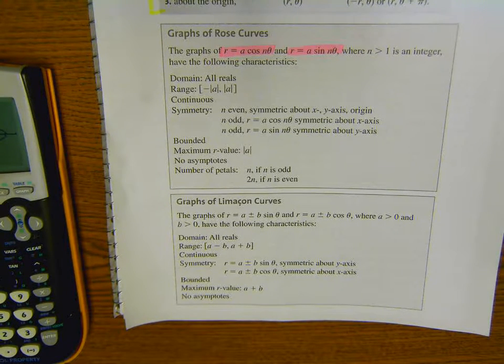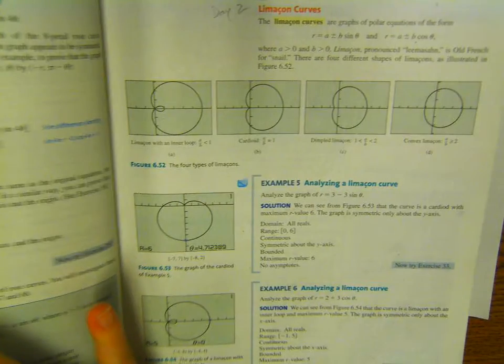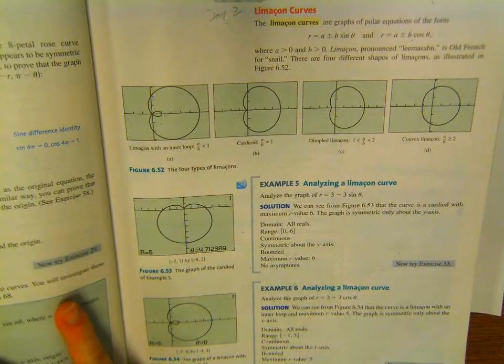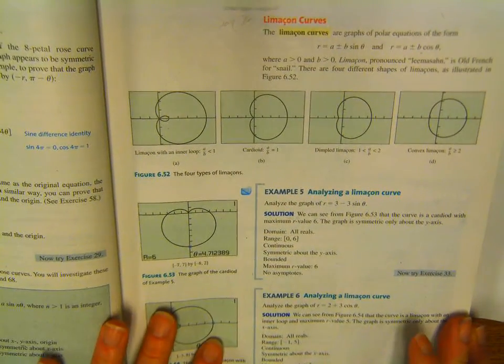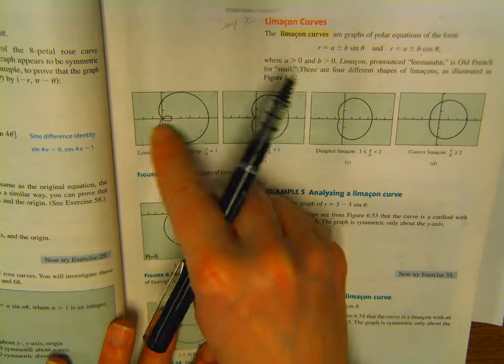So if you look on page 545, there are 4 different types of limacon curves. And hopefully their names make sense. This one is an inner loop, so you see it making an inner loop.